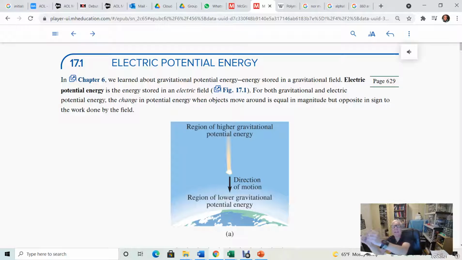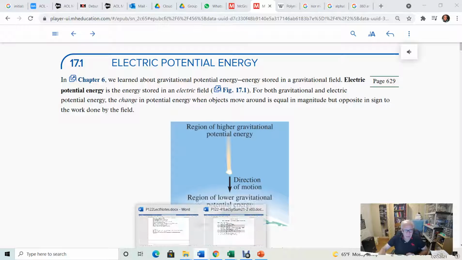In the case of electric potential energy, the system is going to be at least two charges. You cannot have a potential energy due to just one mass or just one charge. It has to be at least two objects. Okay, that's a very interesting thing. Think about that.